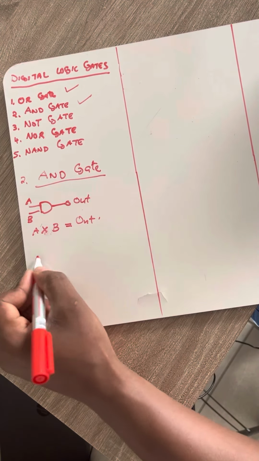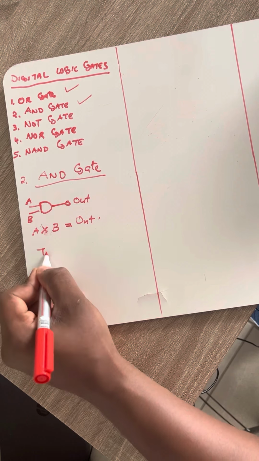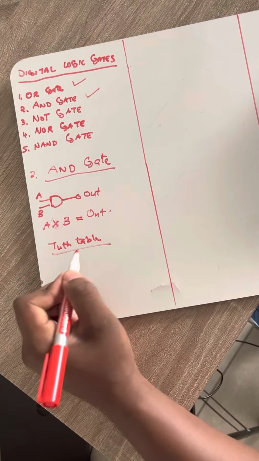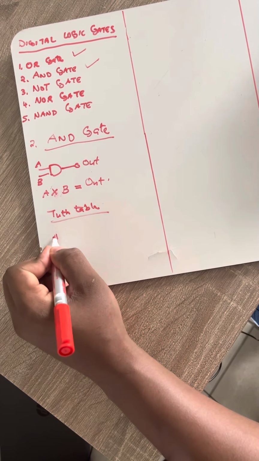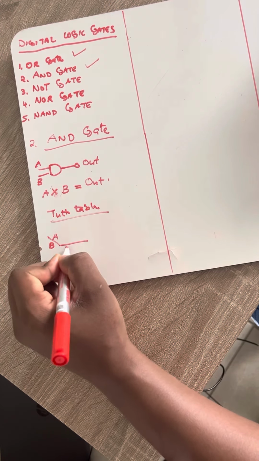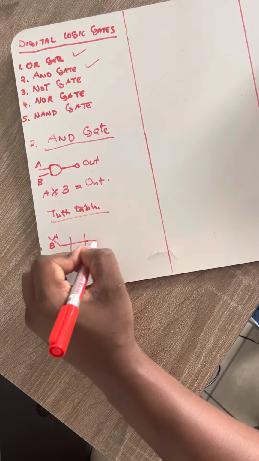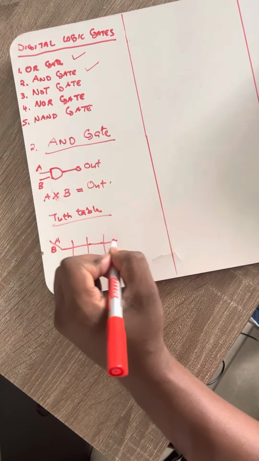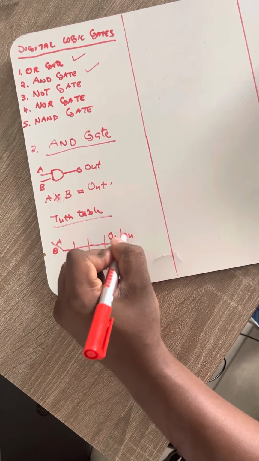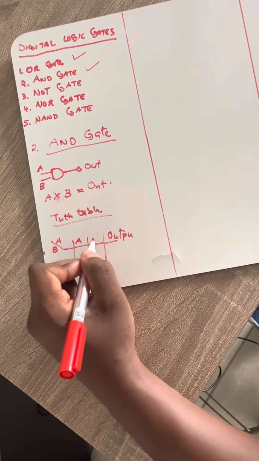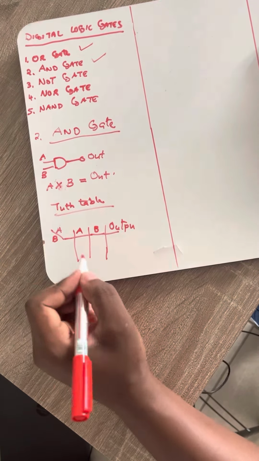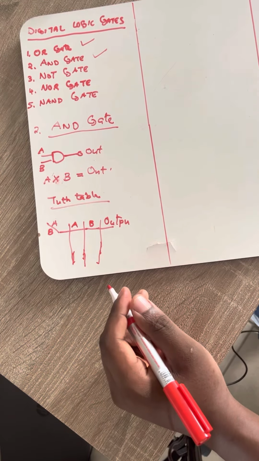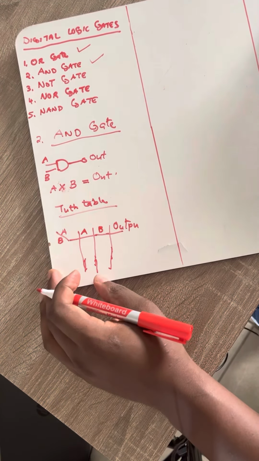If we draw a truth table of this logic gate, we'll have A and B inputs, and the output. We can input different values.